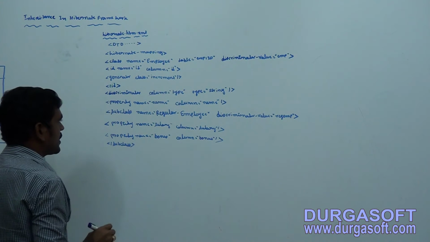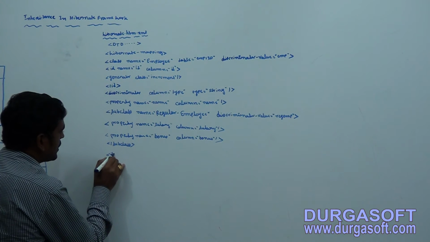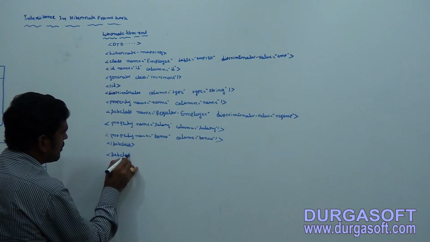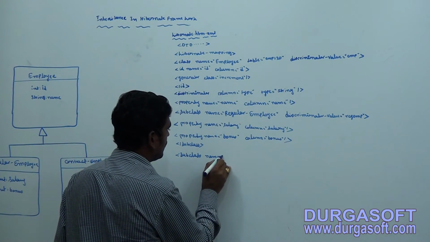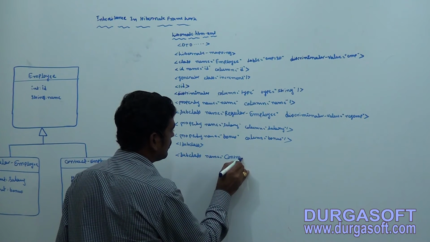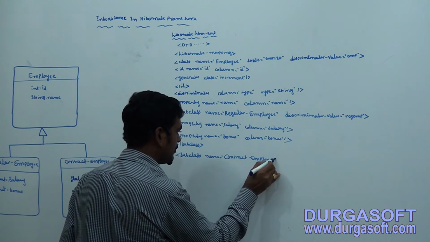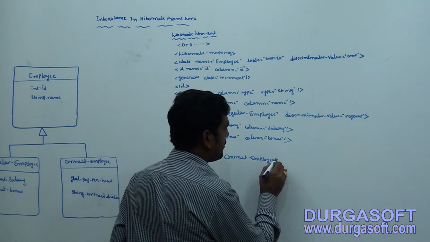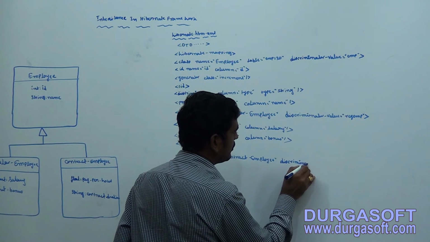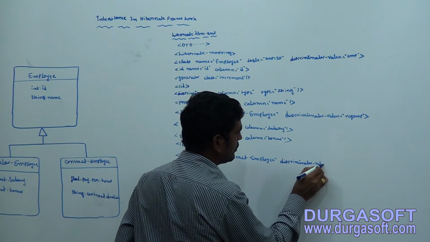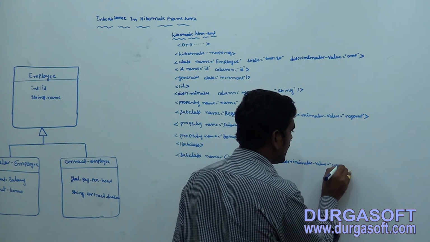The next, one more class is there. We have to take once again subclass name is equal to contract employee. The next, discriminator-value is equal to contract EMP.